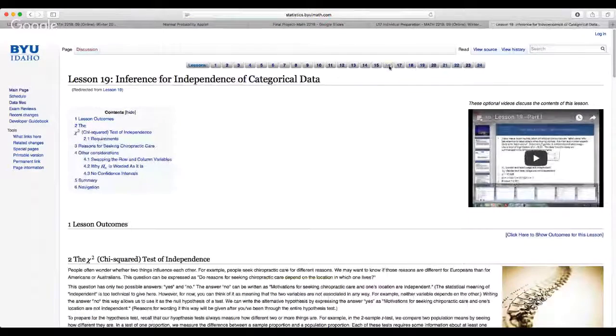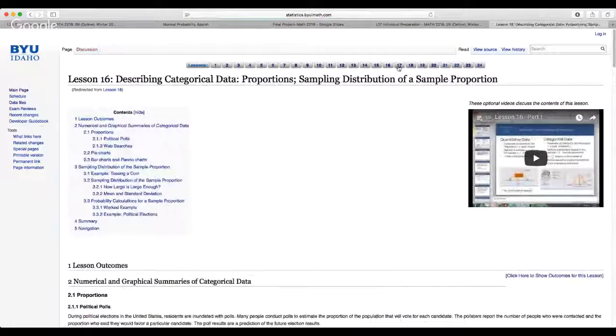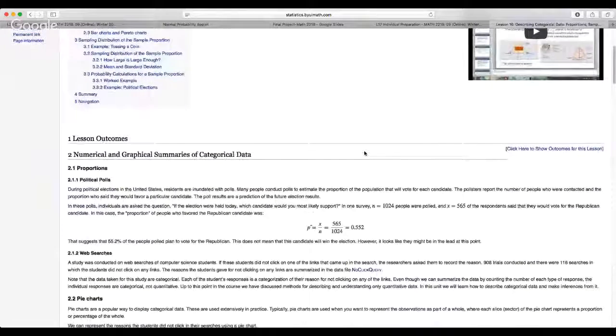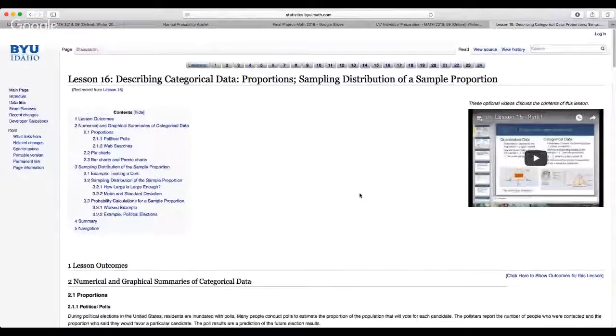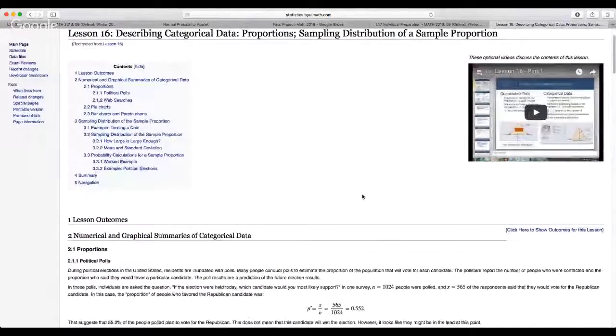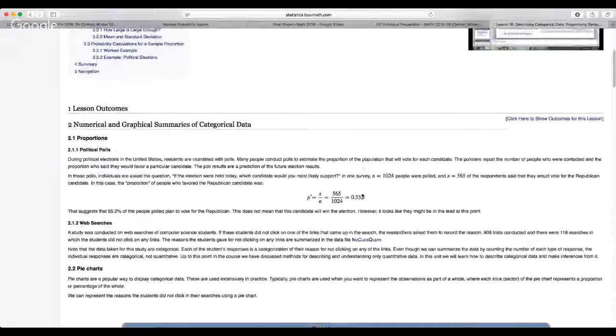Was it either 16, 17, or 18? Say that one more time. Well, the chapter is going to be 16, 17, or 18, and it's likely 16 or 17.